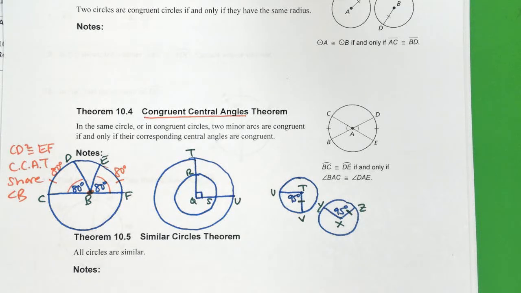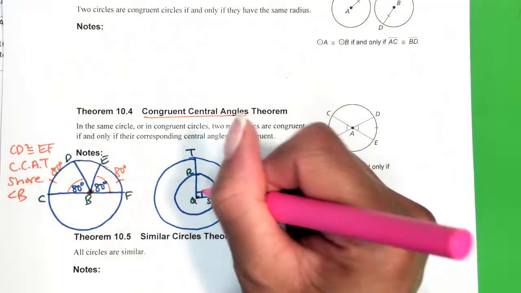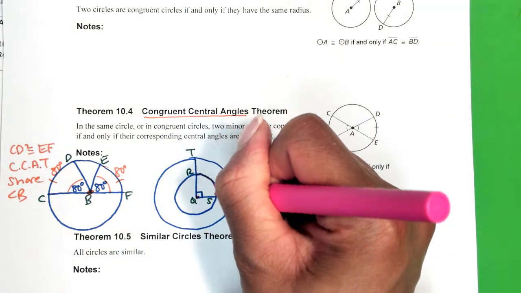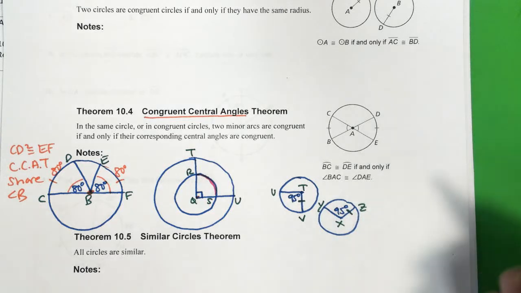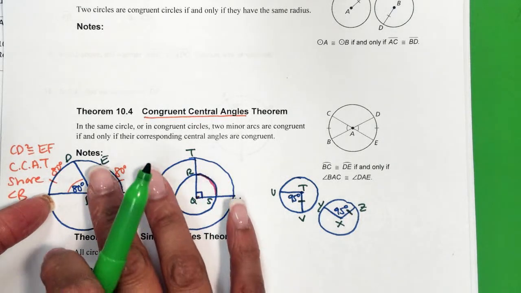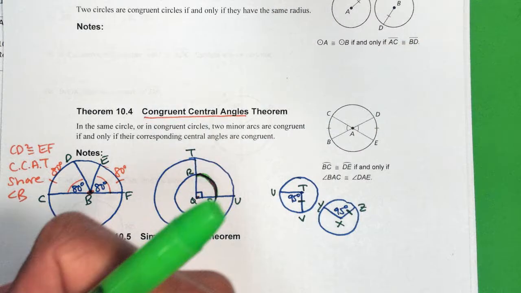Now for our second example, even though they share a central angle, Q, and we assume that this is 90 degrees, the arc length itself is not the same because they're overlapping. It would have been one thing if they were just broken up in one circle, but just because they're overlapped doesn't mean they're the same.